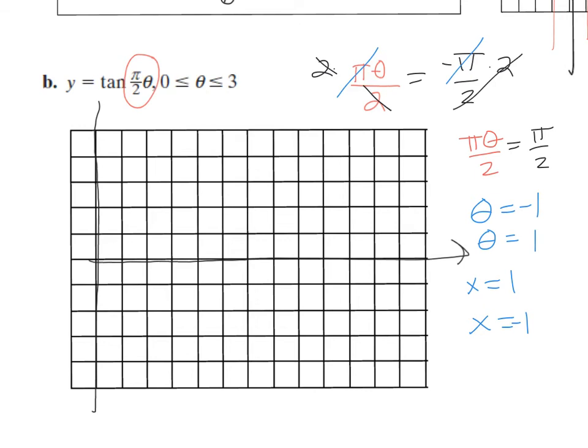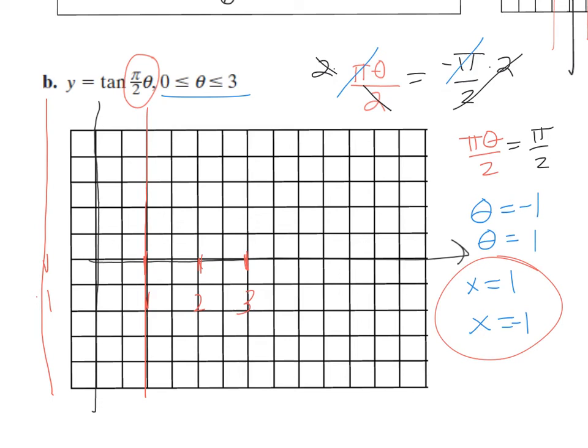So we're going to set up between 0 and 3. So I'll just let this be 1, let this be 2, and this be 3. And then so -1 would be right here. So now I'm going to draw in my vertical asymptotes. So vertical asymptote at 1 and -1.